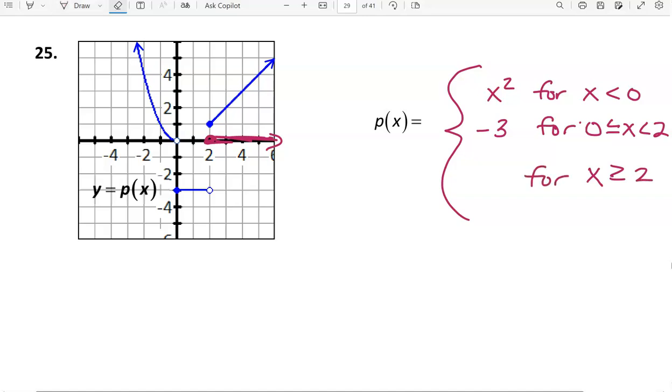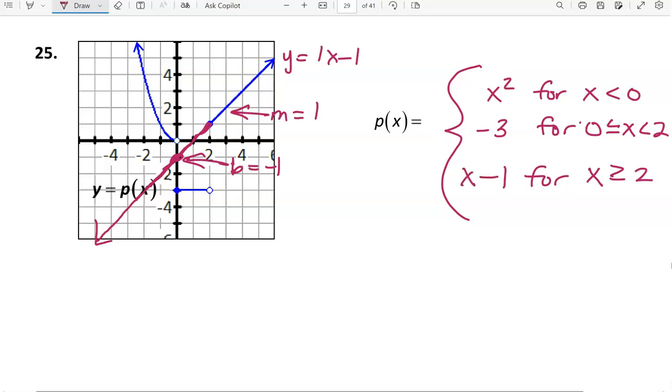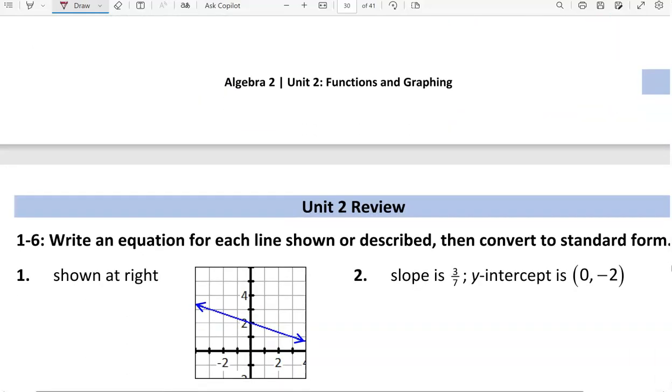And for this portion, it may be helpful to extend the graph so that we can see where the y-intercept is. And our y-intercept is negative 1. And the slope of this graph, m, is equal to 1. So y is equal to 1x minus 1, or just x minus 1 in simplified form. And that is it.